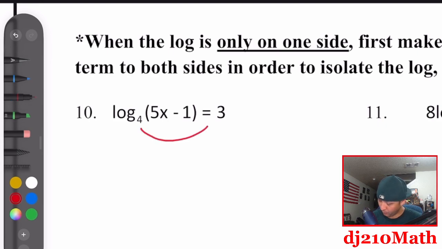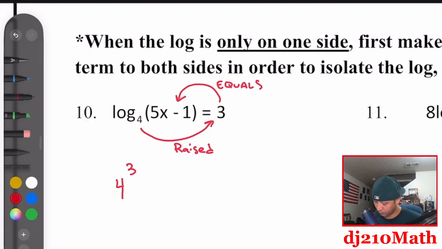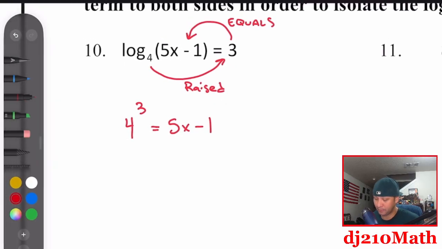So 4 raised to the 3 power equals 5x minus 1. Notice the log is no more. We don't have a log. 4 to the 3rd power is 64. 5x minus 1.